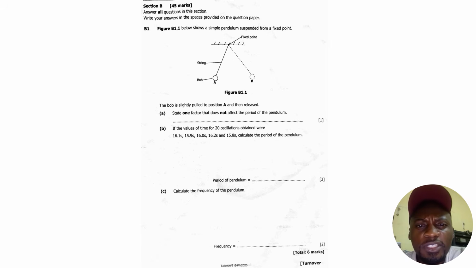So today we're doing section B of 2020 grade 12 past paper, and this question is based on a simple pendulum. The question says figure B1.1 below shows a simple pendulum suspended from a fixed point.